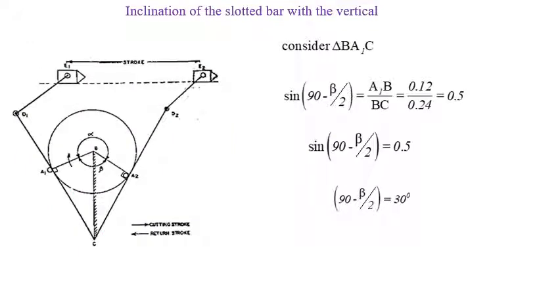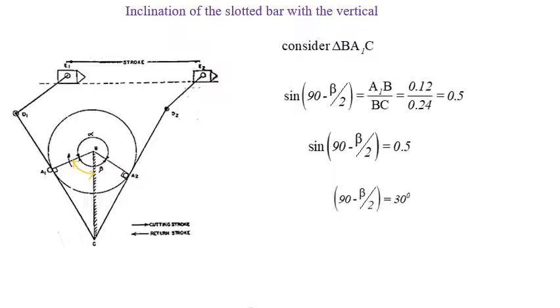So next we have to find the inclination of the slotted bar with the vertical link. This BC is the vertical link. With respect to this vertical link, we have to find this angle, that is 90 minus beta by 2. I'm going to use the same concept which we followed for the previous problem, considering only this half portion of the extreme position.